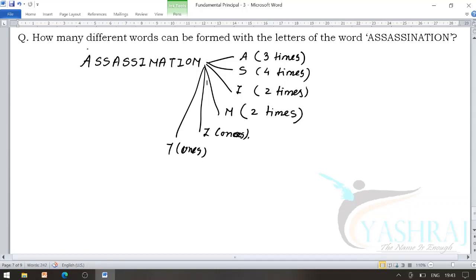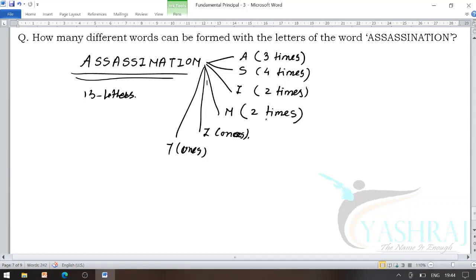So now how many different words can be formed by using the letters in the word assassination? So as per the permutation formula, there are total 13 letters. Now here A is repeated thrice, S repeated 4 times, I repeated 2 times, N repeated 2 times.